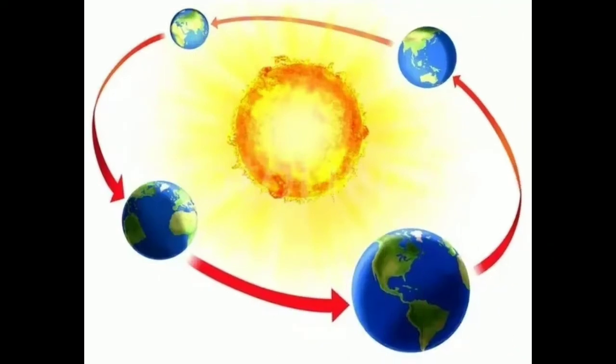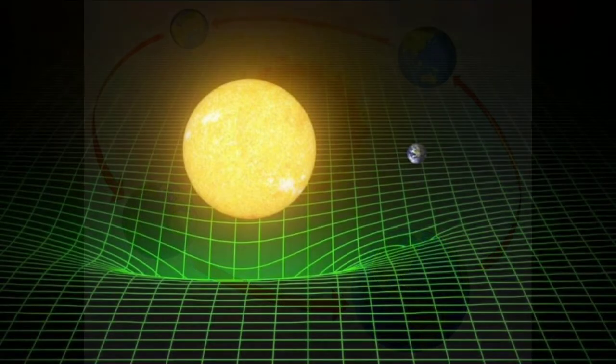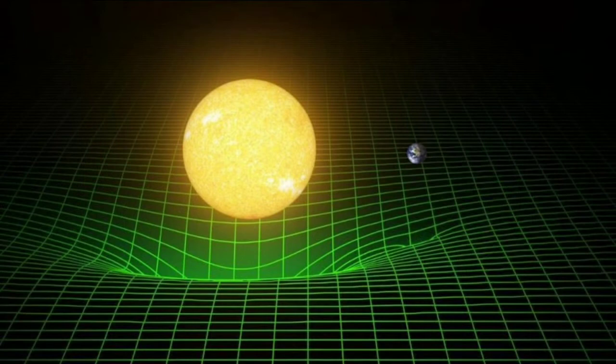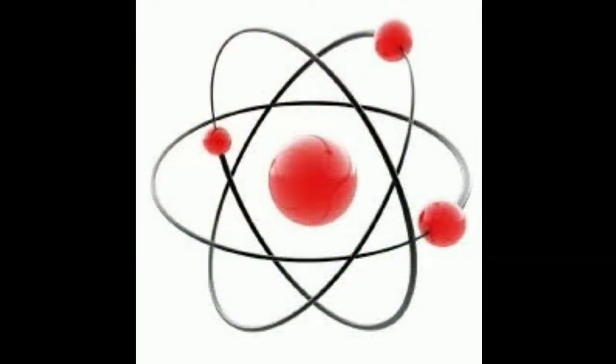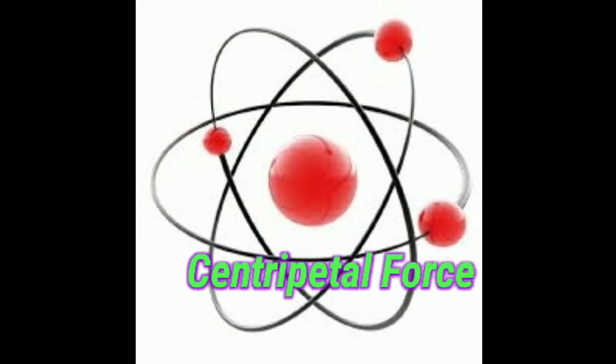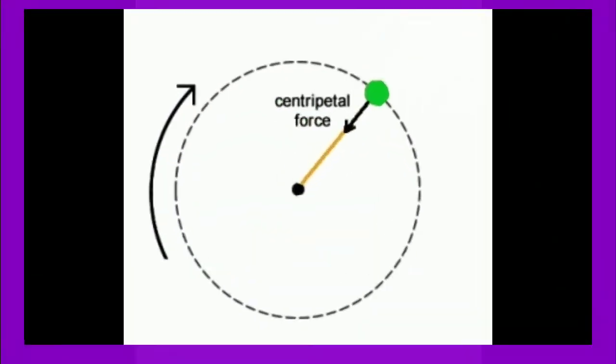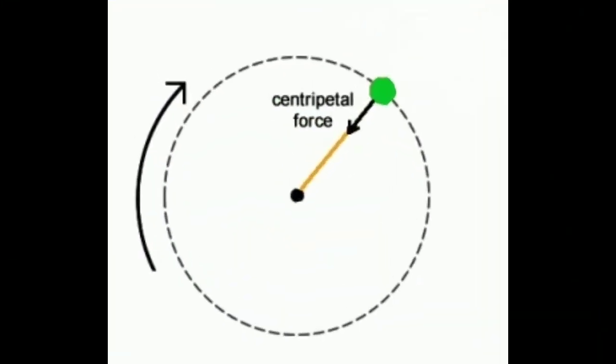While the Earth is rotating around the sun, the sun's gravity, which is causing the Earth to rotate around it, is the centripetal force. Also, in an atom, the force of attraction which is holding the electrons in their place is called the centripetal force. So, in short, the force which is causing the object to move in a circular path and is directed towards the center around which the body is moving is called the centripetal force.